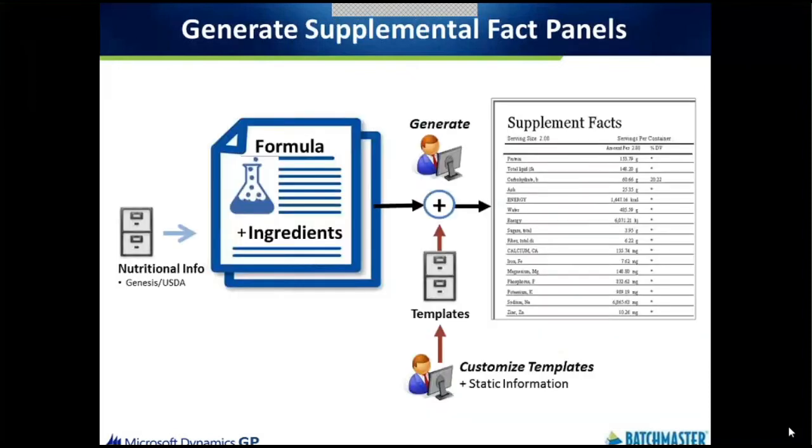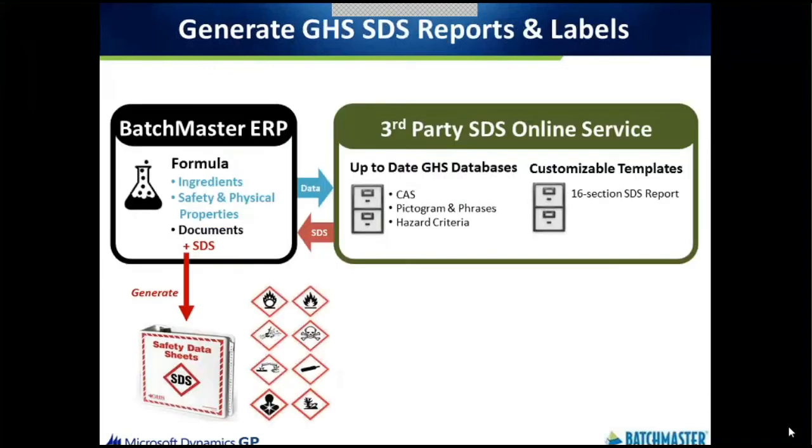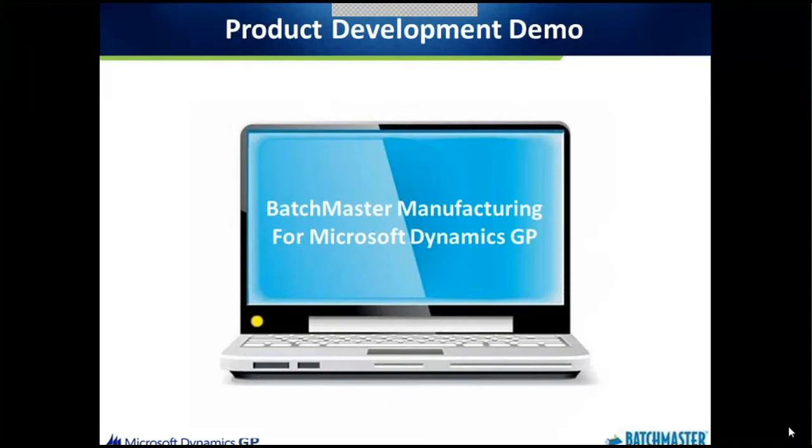And we can generate a supplemental fact panel if you happen to be a nutraceutical manufacturer. If you happen to be a chemical manufacturer, we integrate to leading third-party online services, and we could generate your SDS documents and labels that are in compliance with GHS regulations as well. So that's my brief overview of the product development.